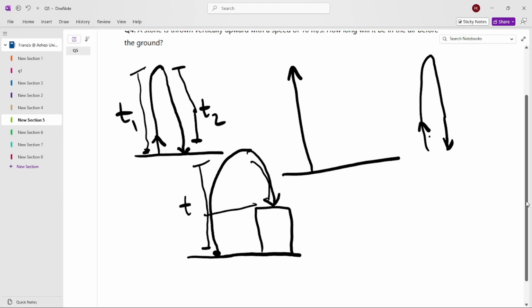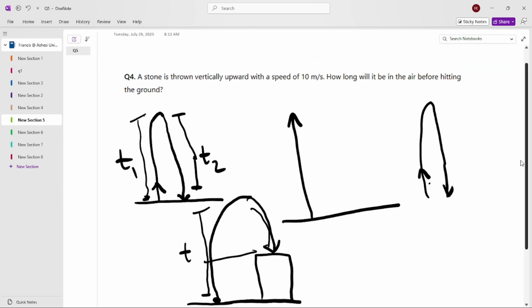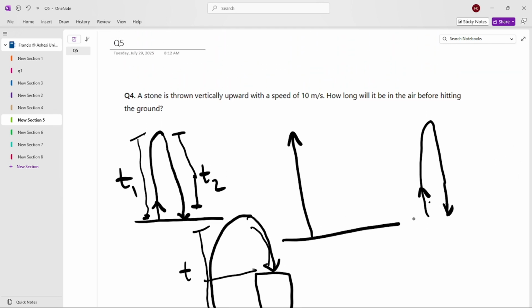So the easy thing is that for the time this body will be in the air, you first calculate the time it will take to reach the maximum height. If that time is t, then you just multiply by 2 to get the total time, because it will use the same time to go up and to come down.